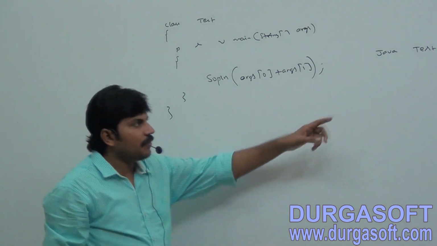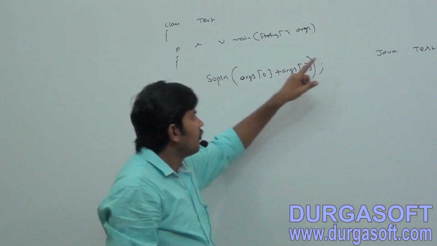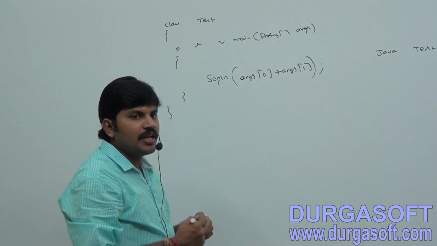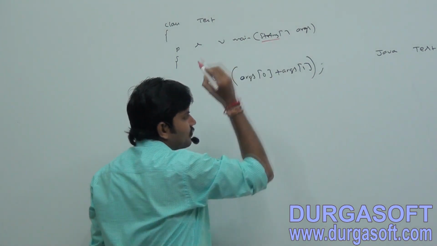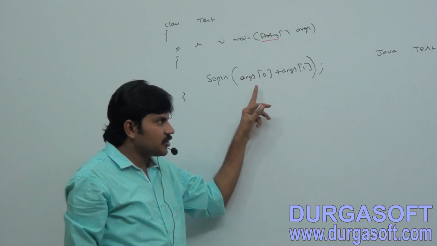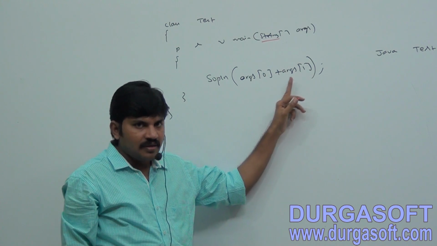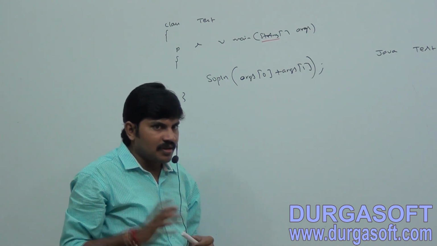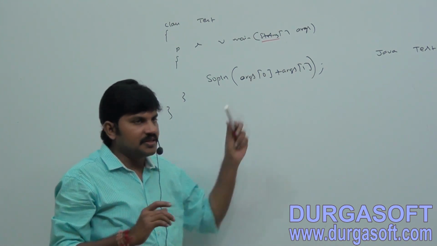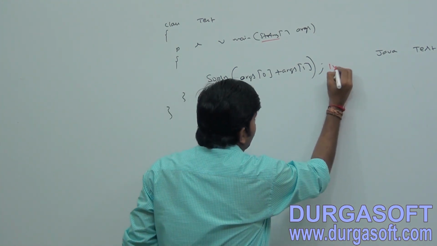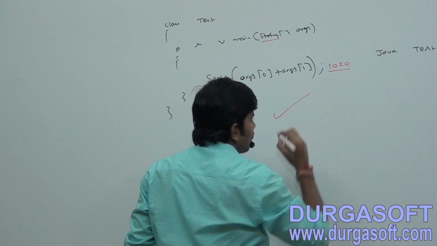Make sure command line arguments within the main method are available in string form. First string plus a second string will become concatenation, not arithmetic addition. That's why the answer we are going to get is 10 20, but not 30.